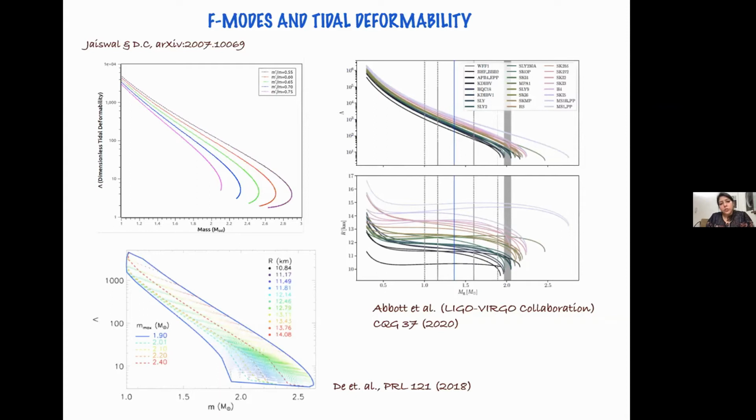First we determined the dimensionless tidal deformability as a function of mass for this range of uncertainty in effective nucleon masses. They compare very well with the current observations of tidal deformability derived by the LIGO-Virgo collaboration and other recent works.